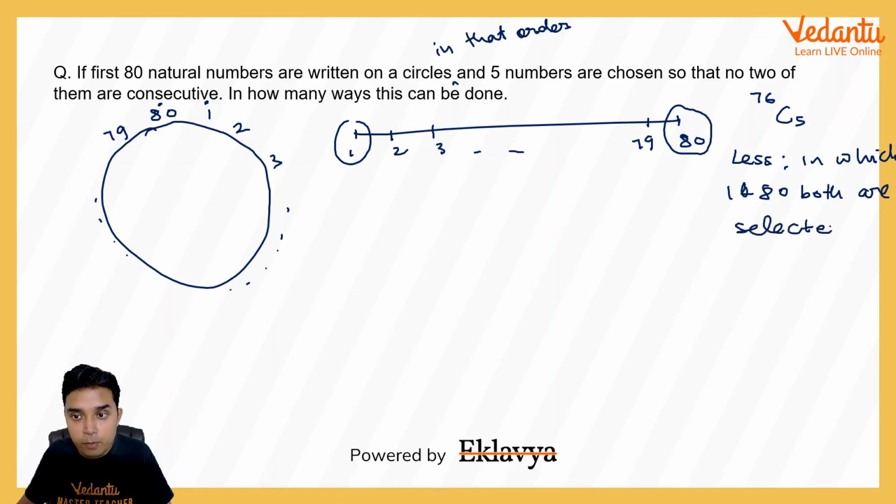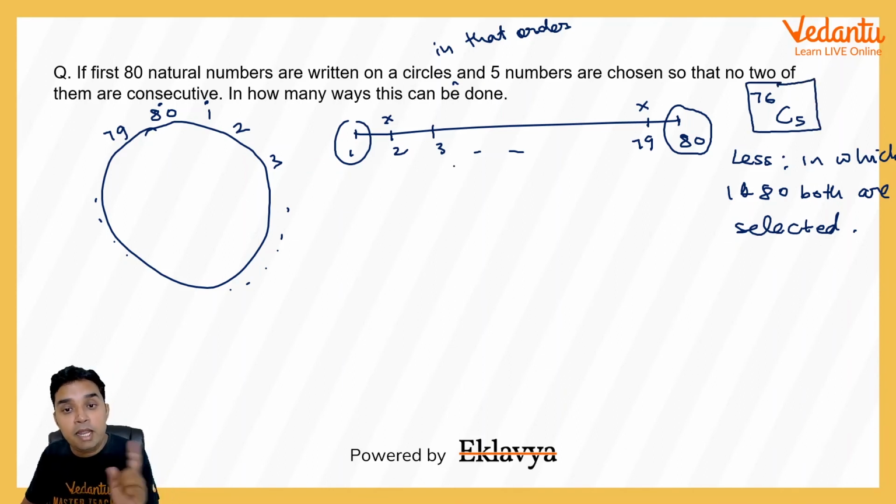If they both are selected, 2 will not be selected and 79 will also not be selected, if we go by the rule that no two consecutive numbers are selected. I am talking about those cases which are counted in 76C5 where 1 and 80 are also selected.